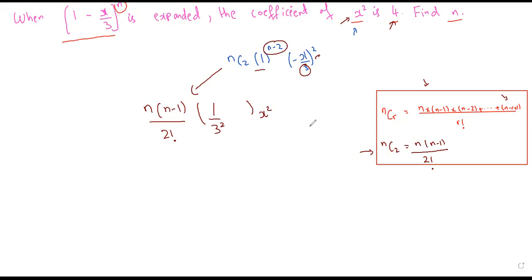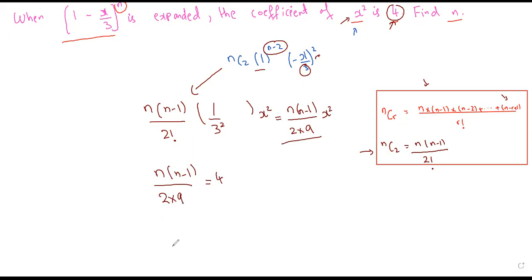So I will not write that down. So it is n into n minus 1 divided by 2 into 9 x square. Okay, so the coefficient of x square is 4. This means that n into n minus 1 divided by 2 into 9 is 4.